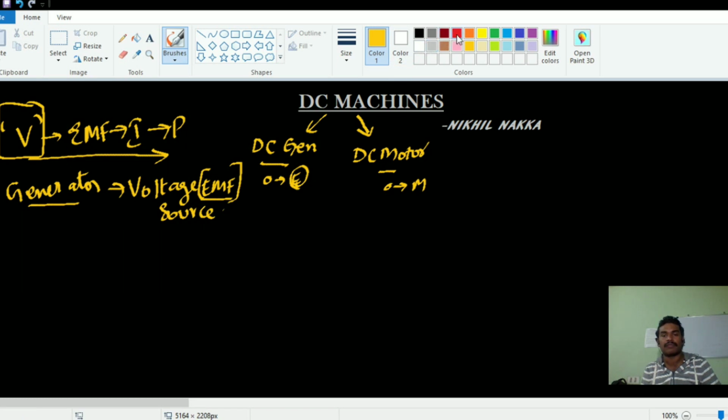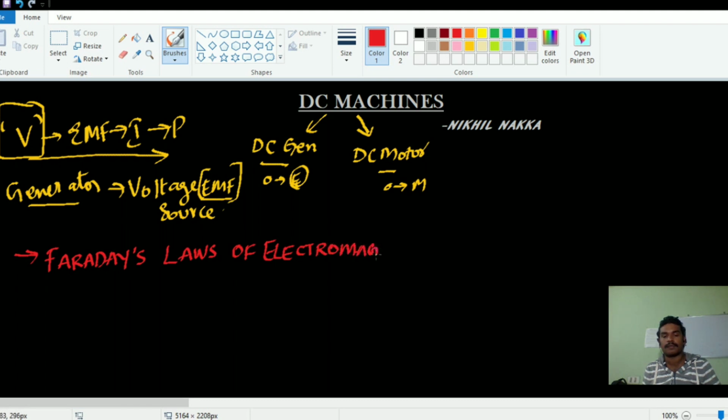Before that, we have to talk about a great scientist called Faraday, who gave his laws named Faraday's laws of electromagnetic induction.